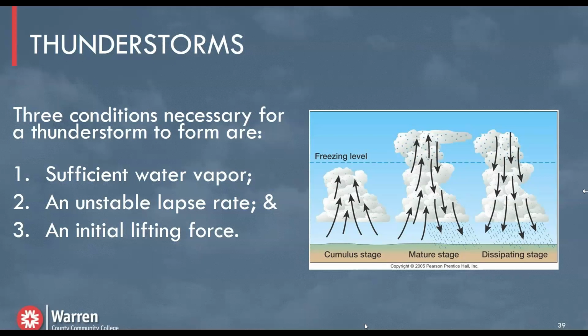All right, so the cumulus stage is when there's something pushing the water particles, the water vapors, into the sky. So there's strong updrafts at this point. This will normally be when a cold front moves in and pushes warm air up. When it pushes warm air up, whatever's in that air is going to go up.